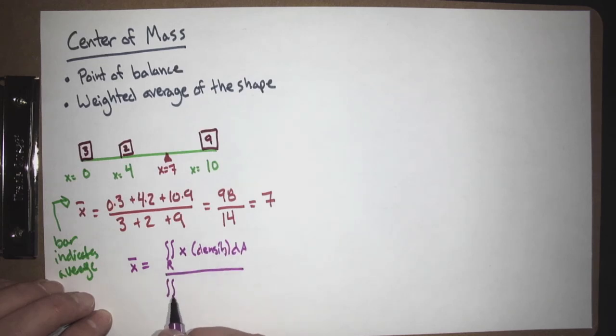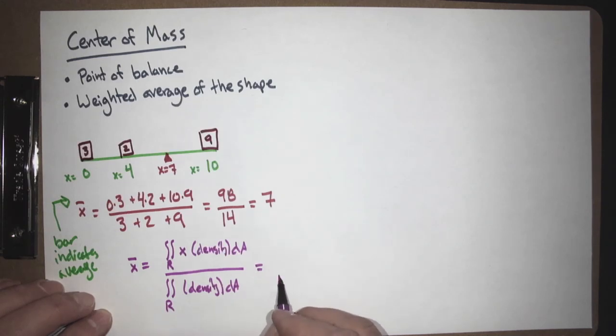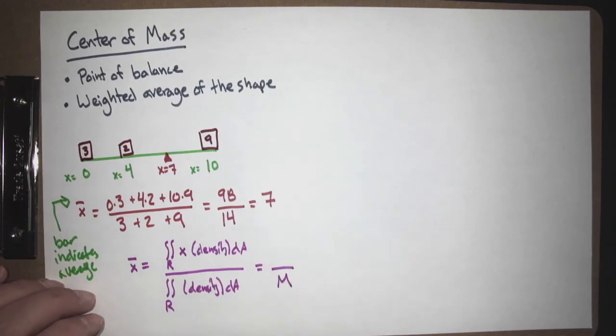Downstairs, I'd want to add up just the total of density dA. Well, what's another name for the downstairs? Mass. What's another name for the upstairs? I'll give you a moment to think about it. It is a moment.